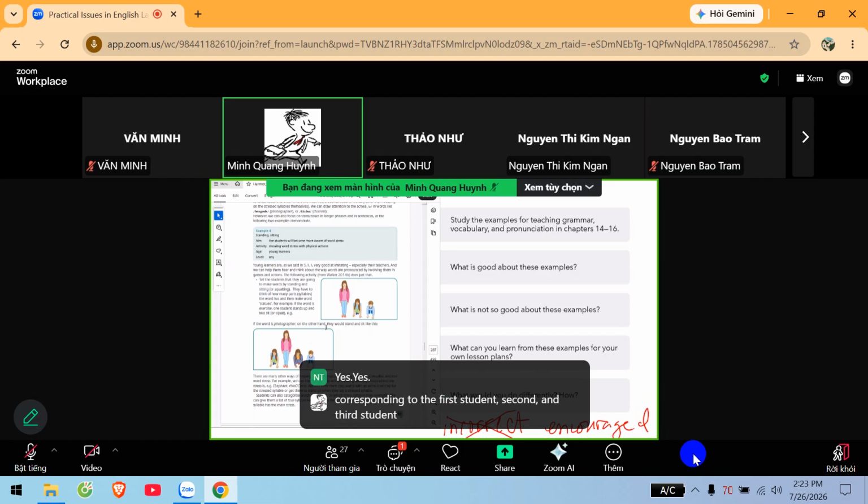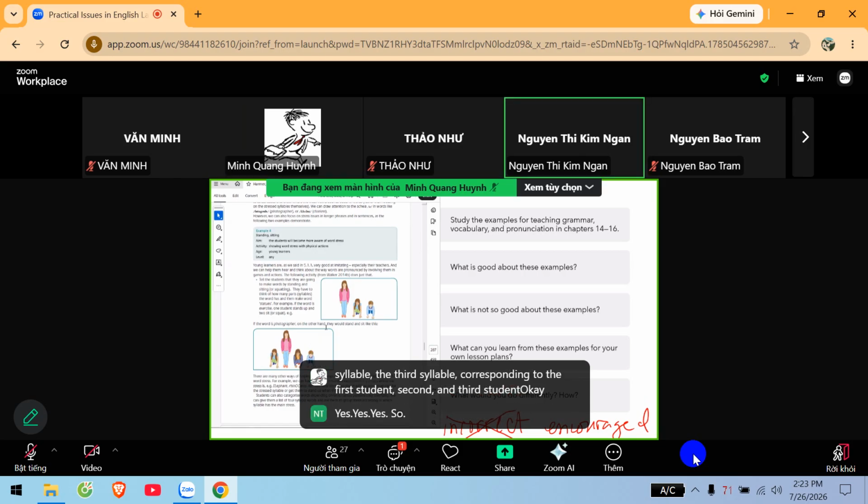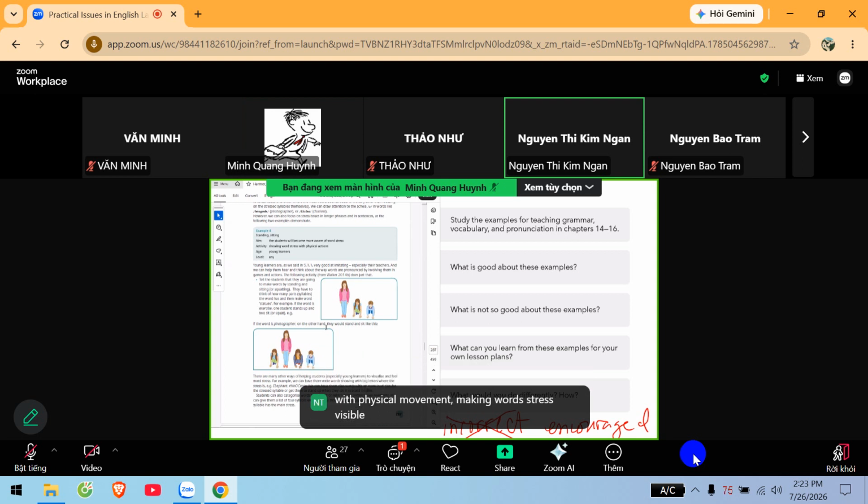Yes. Okay. So what is good in this example is good in some ways. First, it's good for young learners, because it connects abstract sound rules with physical movement, making word stress visible and easy for young children to understand.